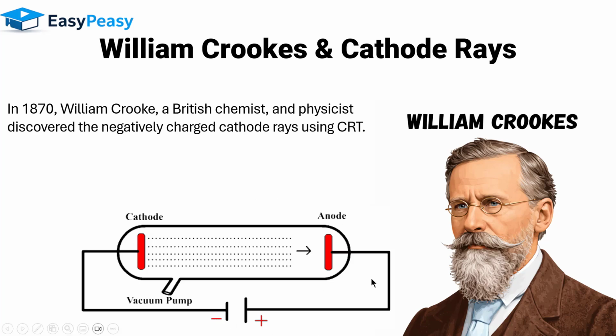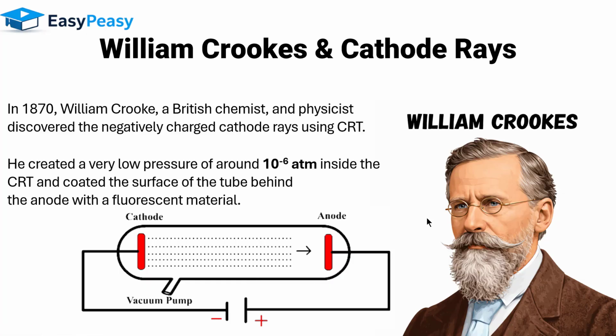This is the cathode ray tube in which we have a cathode and an anode, and there is a gas inside at low pressure created with the voltage. Now, he created a very low pressure, around 10 raised to the power minus 6 atmosphere, inside this cathode ray tube and coated the surface of the tube behind the anode with a fluorescent material. And then he applied electricity through it.